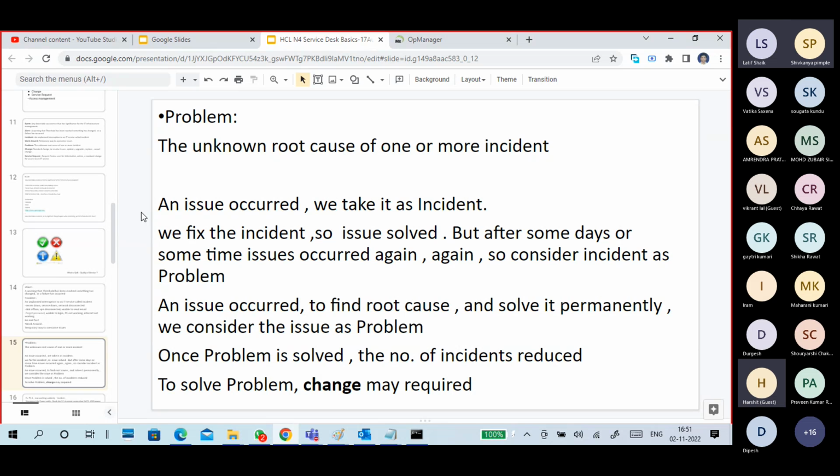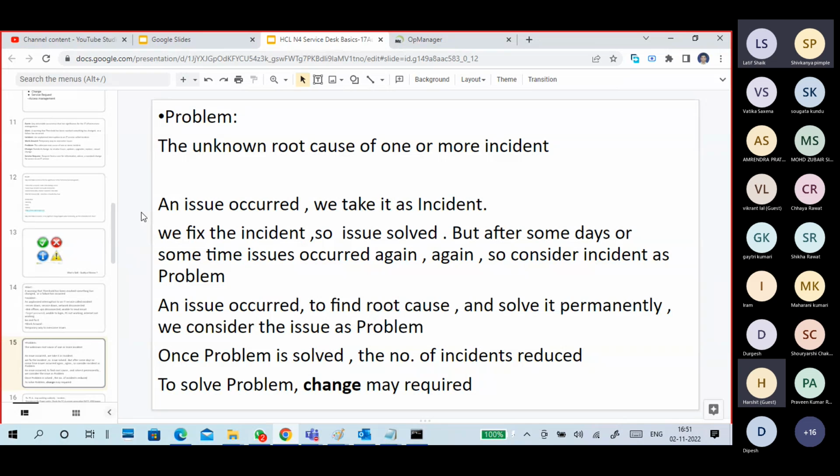If any issue occurs, either it is reported by a customer, a user or a client, or maybe you got it from your infrastructure monitoring system. Whatever it is, when an issue occurs, you have to consider the issue as an incident only.